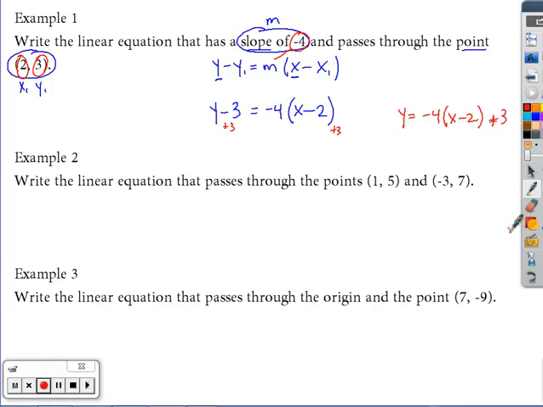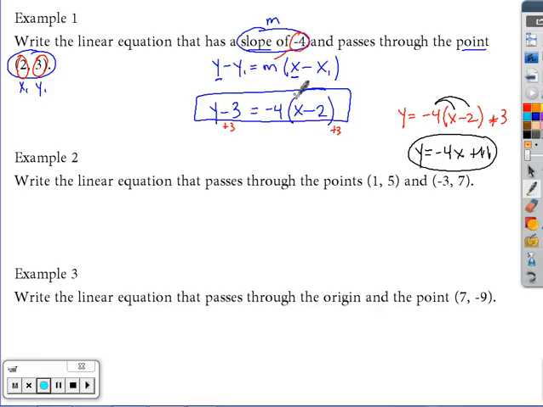If you were to go to the extreme, you could distribute the -4 and combine like terms, and you'll end up with the slope intercept form of -4x, and then -4 times -2 is 8, plus 3 is 11, plus 11, right? But you don't have to do that. That's not necessary. This right here is a 100% acceptable answer, and it involves no work, just substituting.